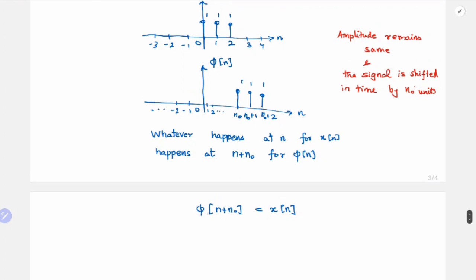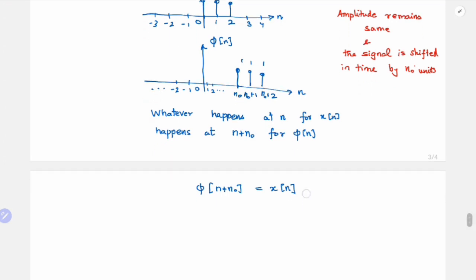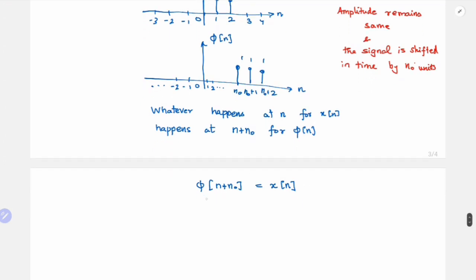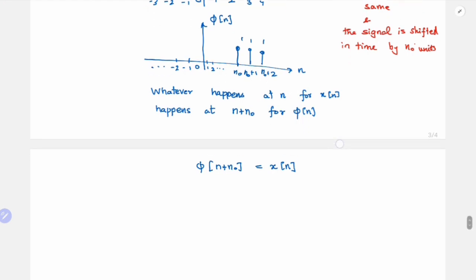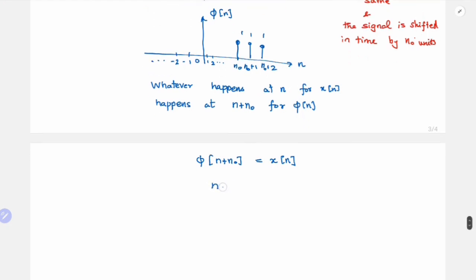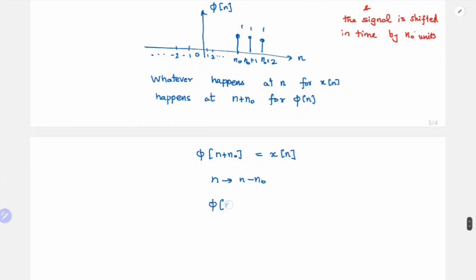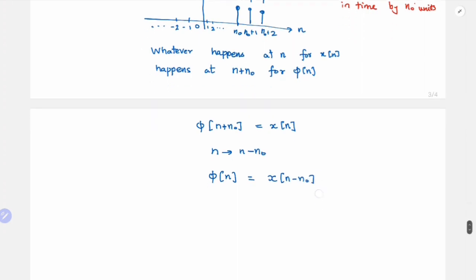If you substitute 0, you can see phi of n naught is equal to x of 0. So it matches. Now the opposite also is true, right? Whatever happens at n for phi of n happens at n minus n naught for x of n, right? So it is just replacing n with n minus n naught. So what I'll get? Phi of n is equal to x of n minus n naught. So this is my new signal, right?